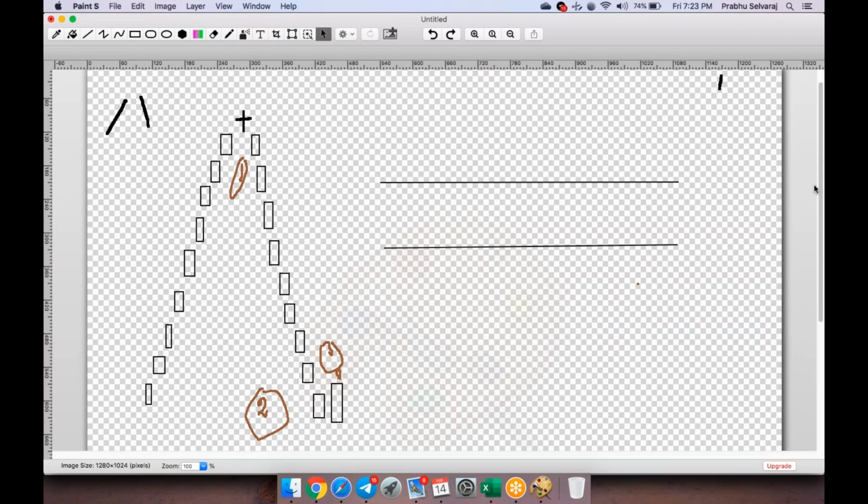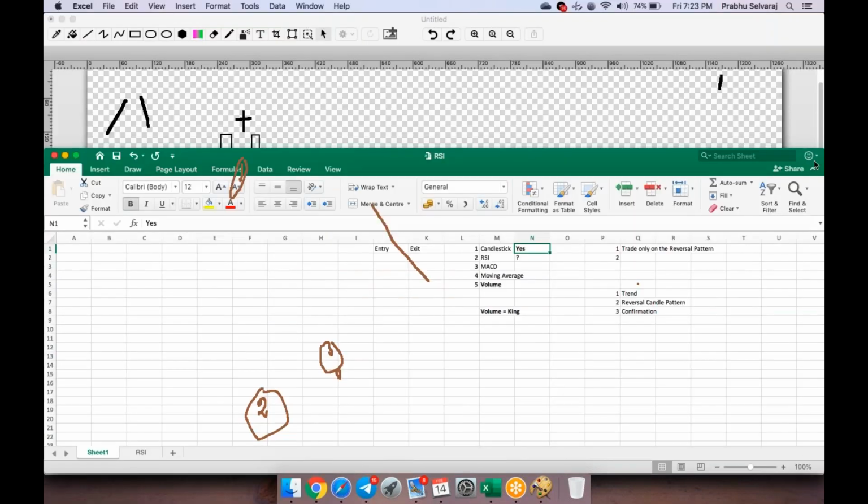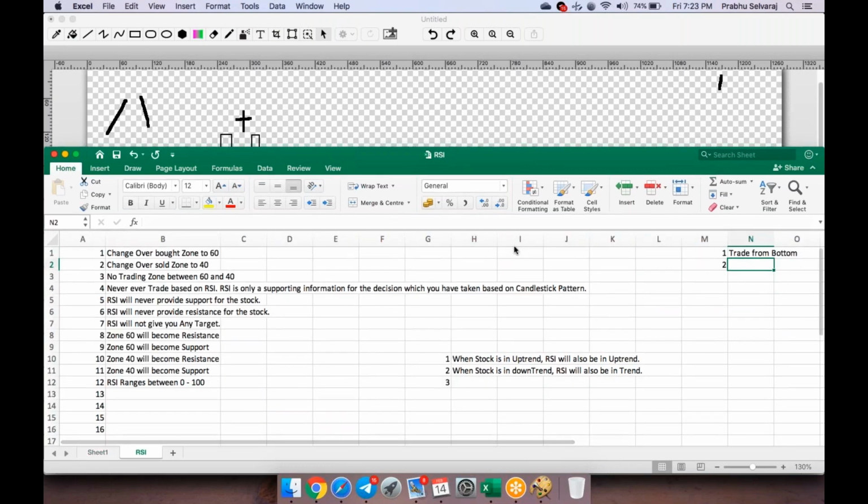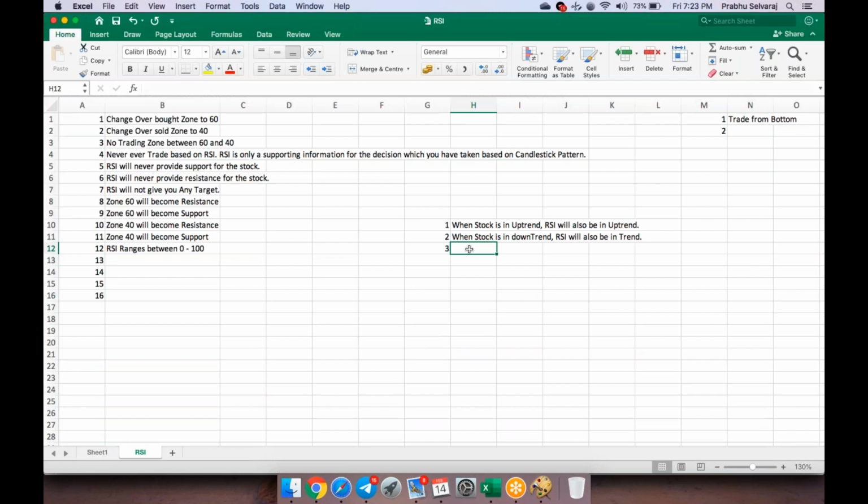For all the trade from bottom stocks, RSI will be below 40. This is true for 99% of the stocks. RSI will be below the 40 zone.